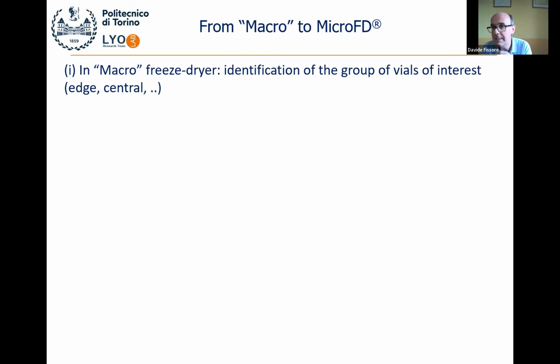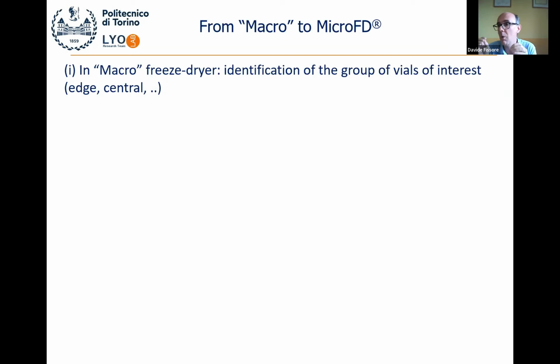And you need to carry out the characterization, the gravimetric test, in the larger scale unit. But it's a test that you carry out once in your life with the specific type of vials that you will use. It's a gravimetric test. It lasts a few hours.